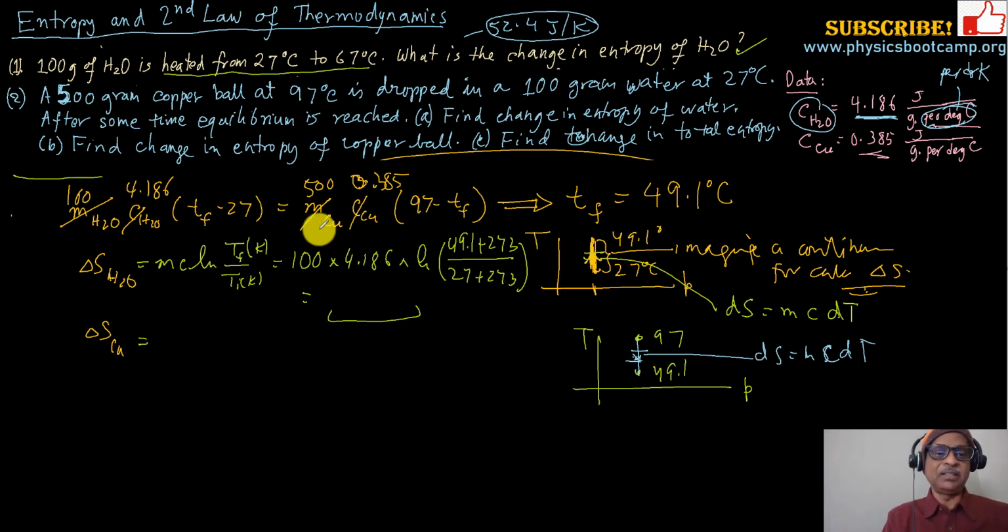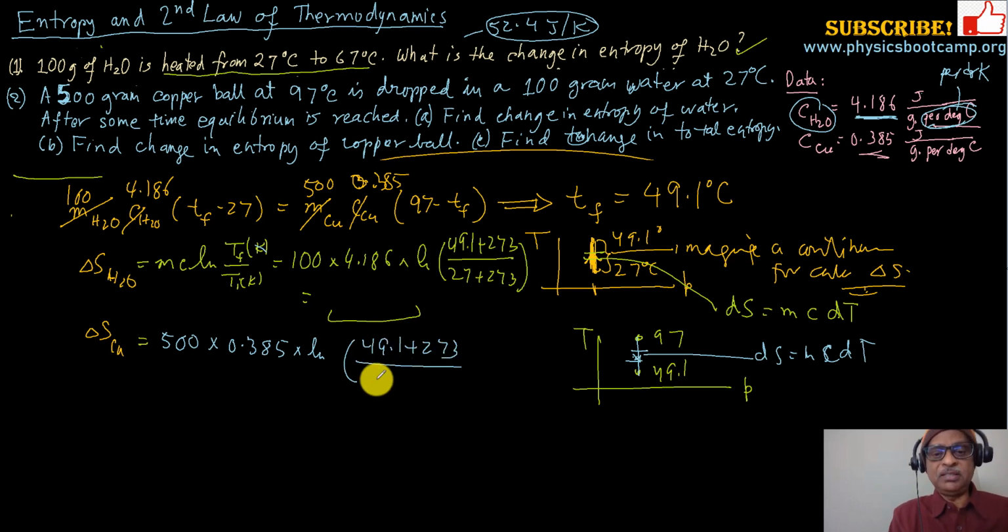When you integrate it, it's going to be the same kind of formula like that. And it's going to be 500 times 0.385 times log. Final will be the same way, 49.1 plus 273. Initial is the difference, 97 plus 273. So this is going to be negative and this is going to be positive.